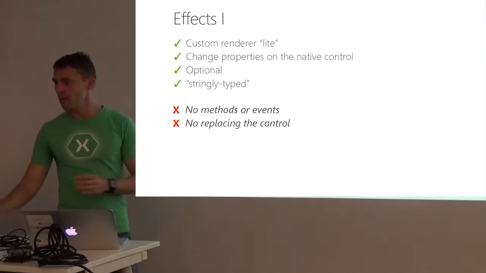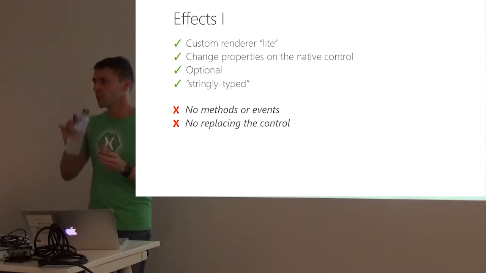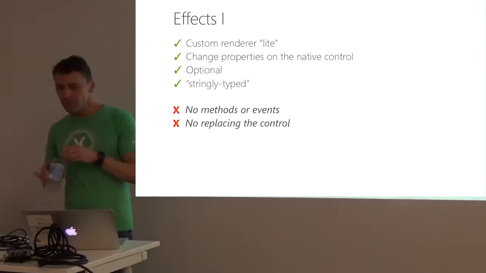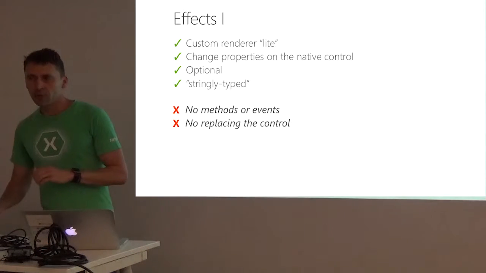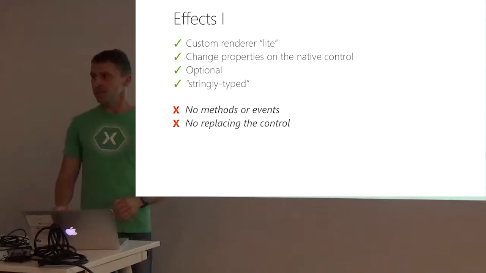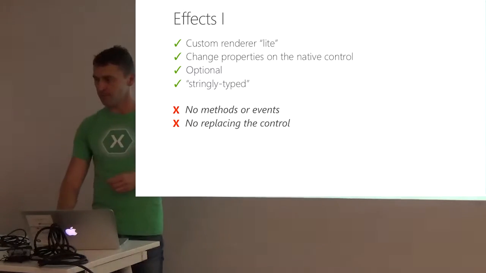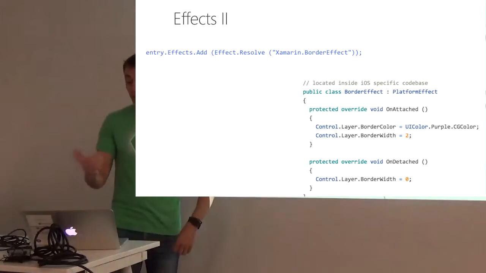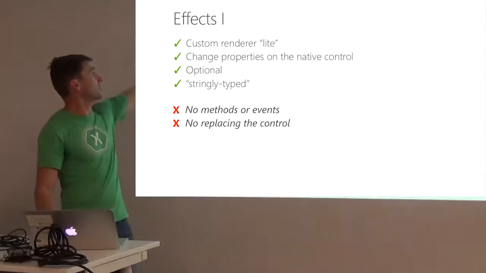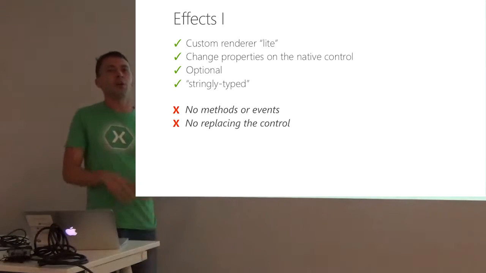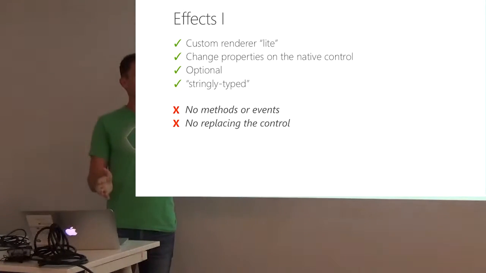So like the XAML, the stringly typed stuff, does that get type checked with the ahead of time compiler? I do not think so. Certainly not at this release. If the effect doesn't have any effect, then yeah, the string is probably wrong. Oh, okay, so it's not going to crash anything. No, the good thing about it is it's optional. So you don't have to implement it for all of the platforms that you're supporting.